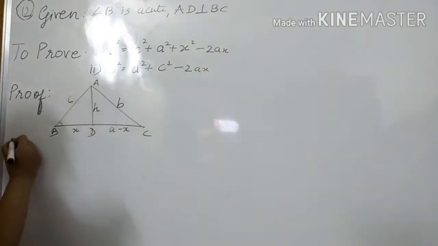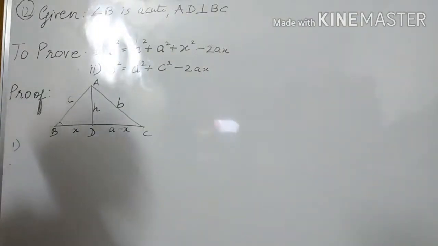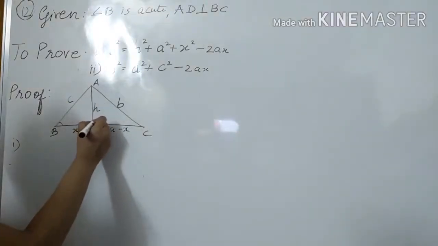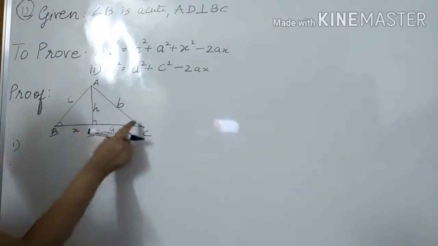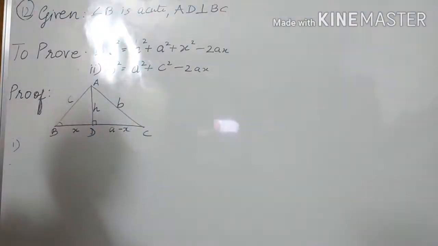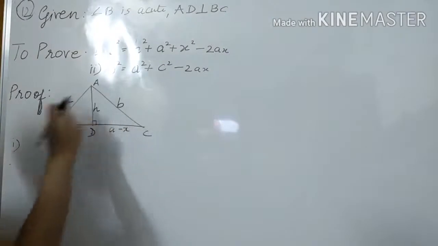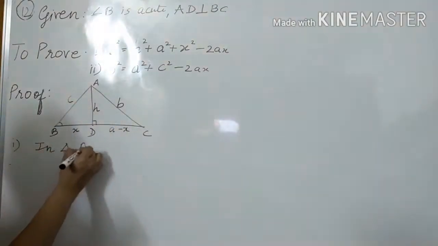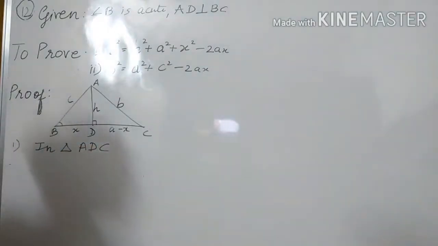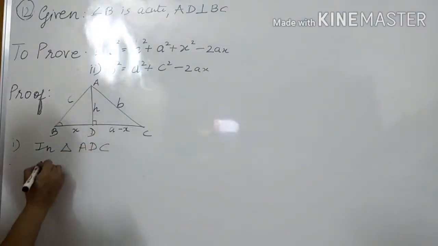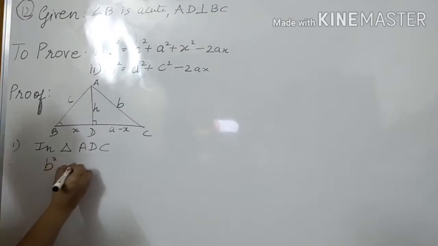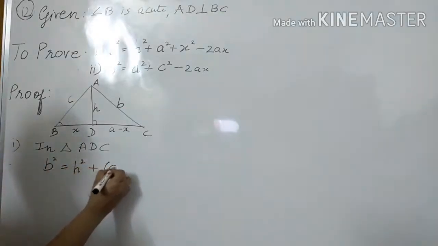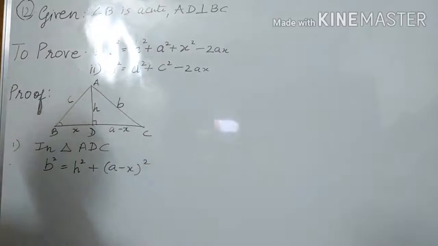Now let us start with our first proof. In our first proof, what we have to show? That B square. So here you see we have two right angle triangles again. So we will use Pythagoras theorem in this triangle ADC. So I am writing here in triangle ADC, using Pythagoras theorem, B square is equal to H square plus A minus X whole square.